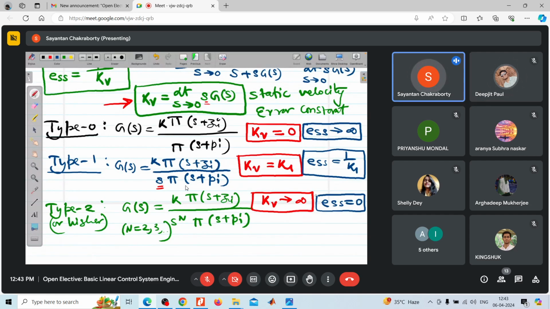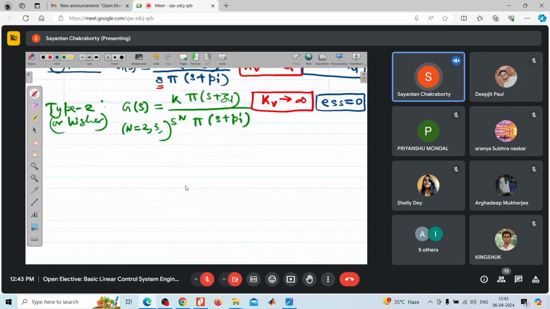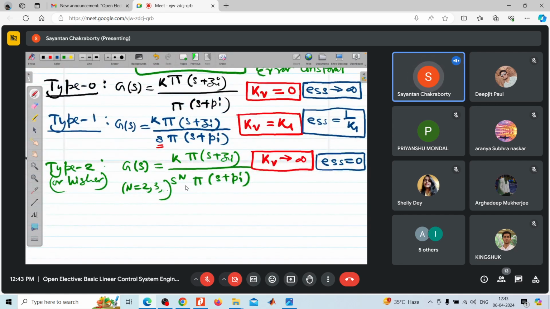Type 1 system will be able to follow a ramp signal with a finite steady state error, and type 2 or higher order systems will be able to follow the ramp signal perfectly, that is without any steady state error.